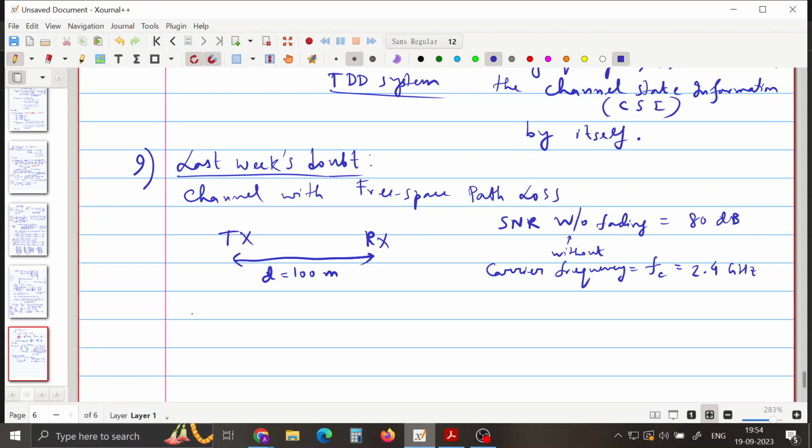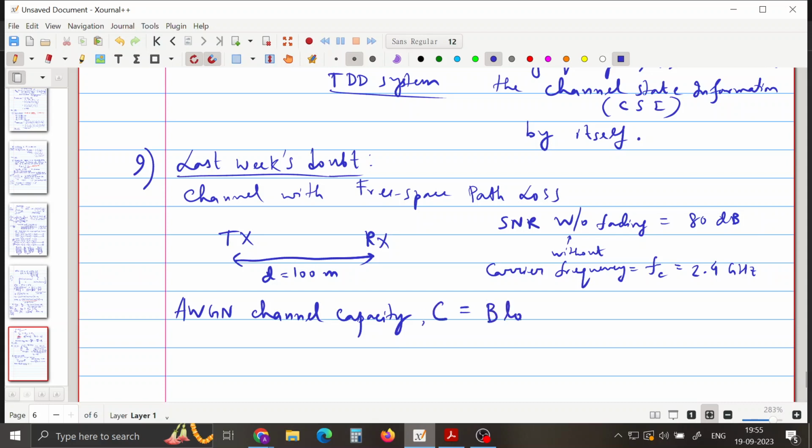Okay, so you remember that the AWGN channel capacity theory was given by Shannon. So AWGN channel capacity, denoted by C, is given by what?